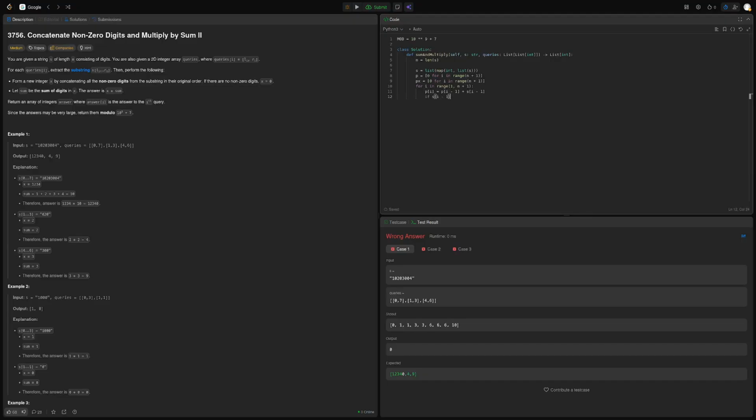If s[i-1] is 0, then px[i] is px[i-1], else px[i] is px[i-1] times 10 plus s[i-1], whatever.